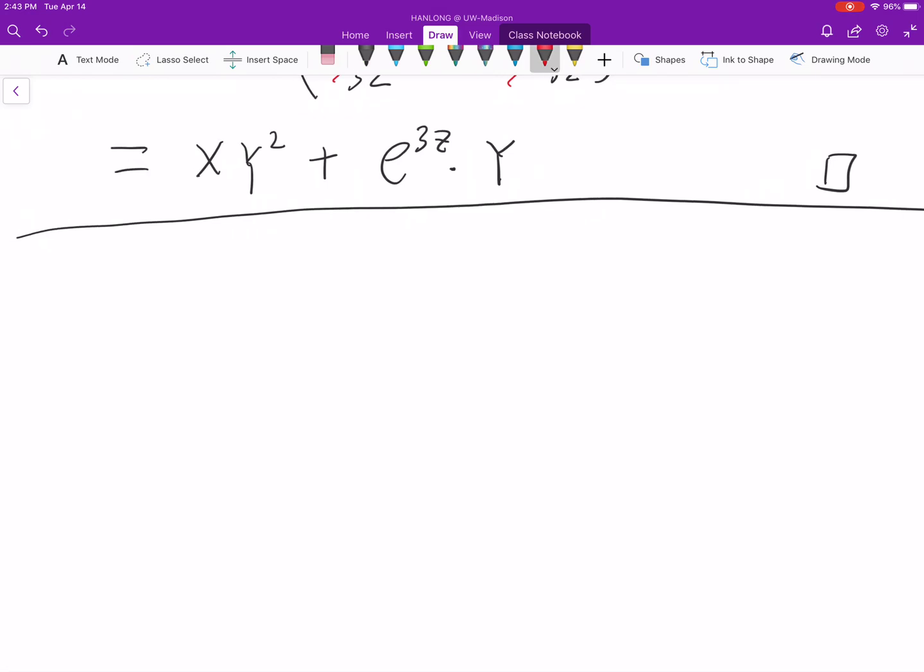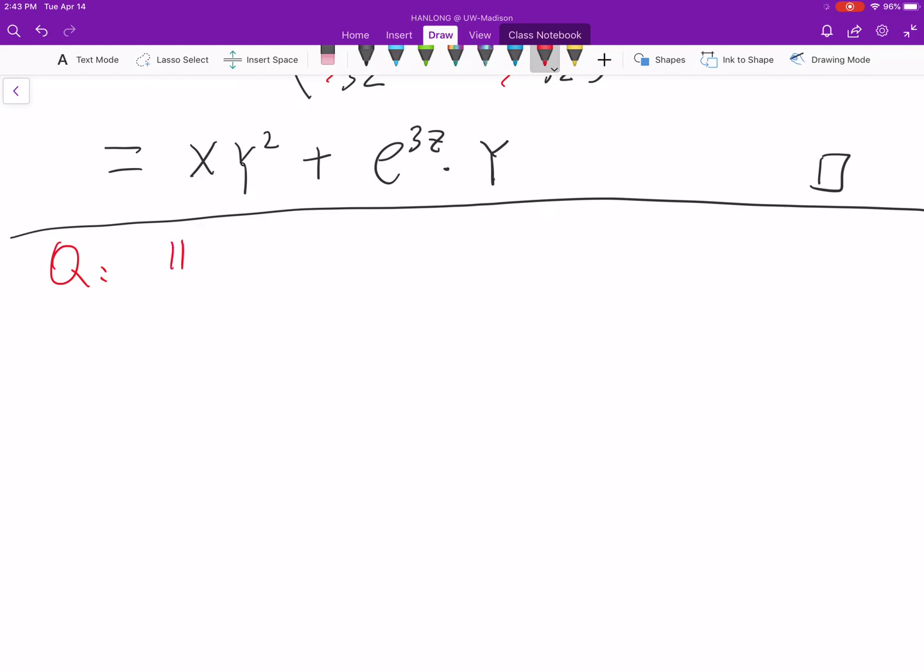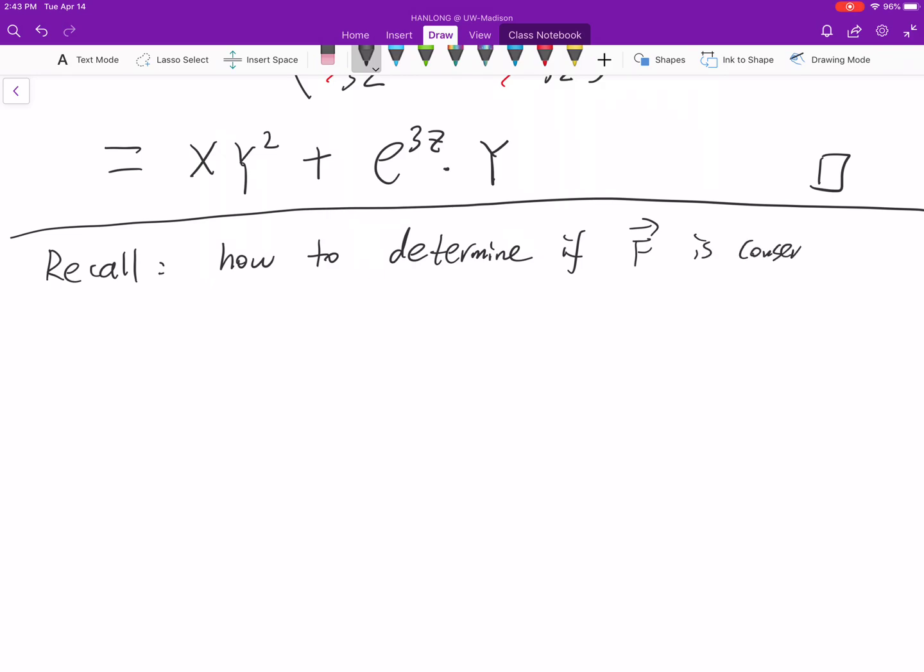So the leading question is, recall how to determine if F is conservative or not.